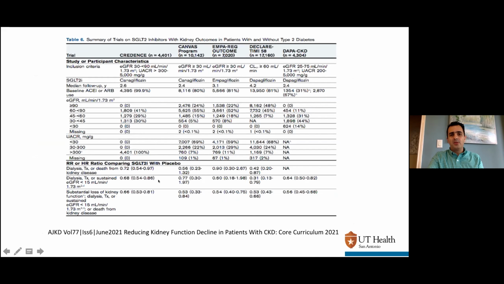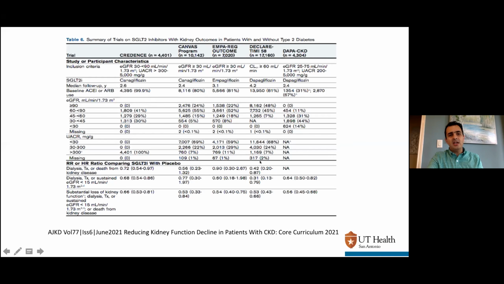Now in the last three to four years, there's a lot of emphasis on SGLT2 inhibitors to protect the kidney, with and without diabetes, and there are a lot of trials. We participated in a lot of trials. I was one of the PIs in the CREDENCE trial here at UTHSCSA. So SGLT2 is a medication that you need to use in patients with CKD.